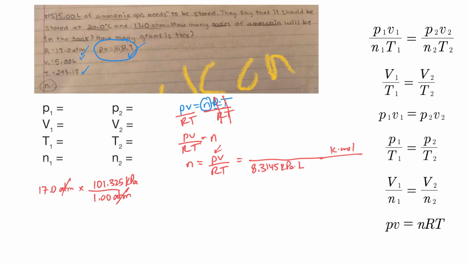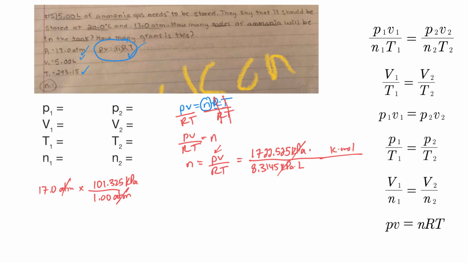Now I have to multiply those. 17 times 101.325 is 1722.525 kilopascals. That looks better because then they're going to cancel, right?